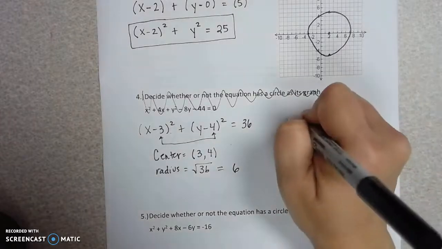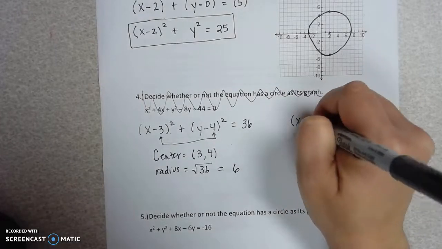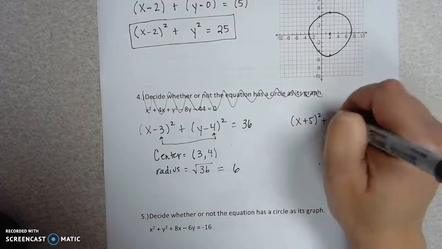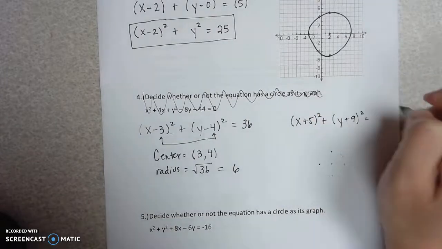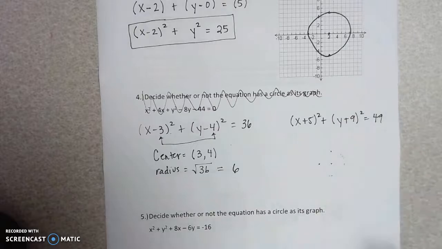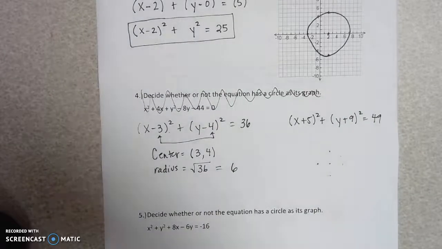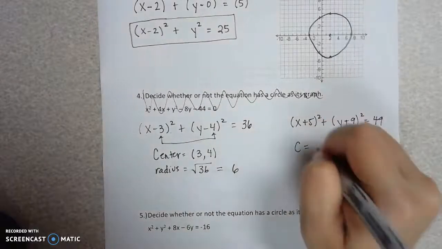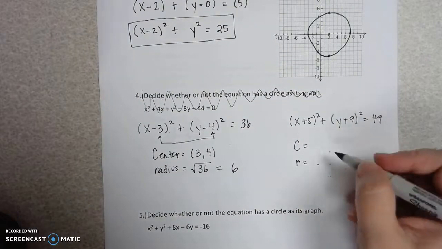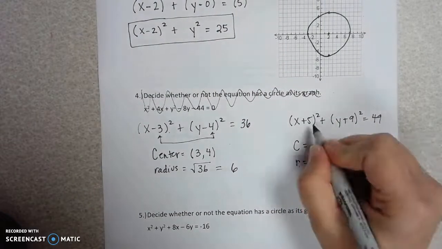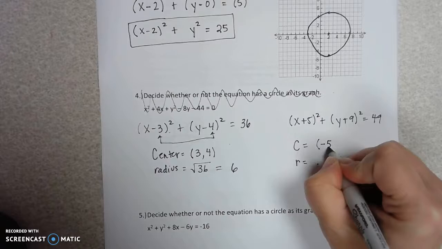Let's try another. What if I have x plus 5 squared plus y plus 9 squared equals 49? I want to know what is the center and what is the radius. My center will be at negative 5.